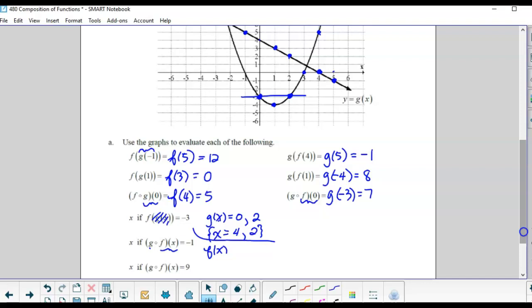That means that's what f of x is equal to, because g of 5 is -1. Okay, so that means f of x has to equal 5. So then I look at my graph for f, across here. When is the y value 5? It's 5 at -2 and 4.